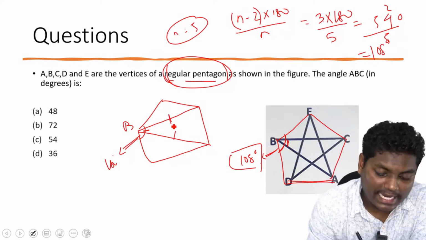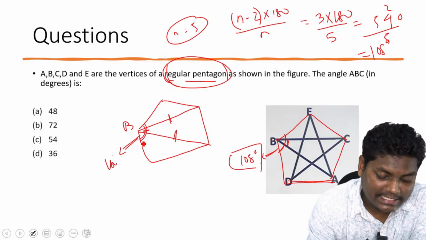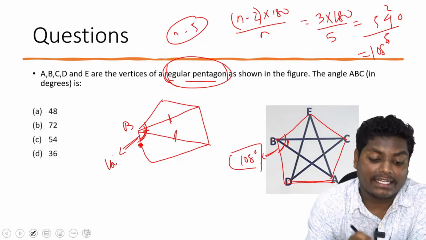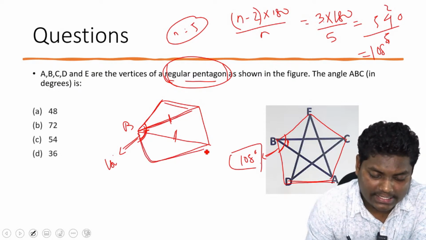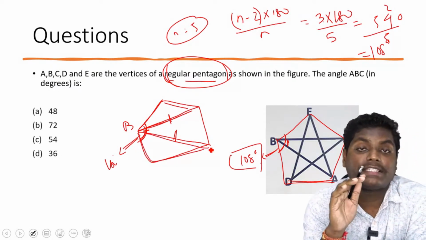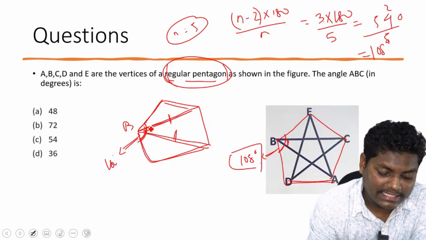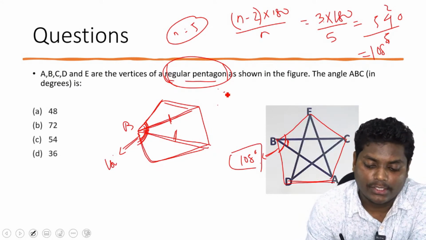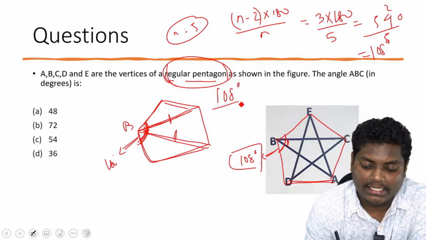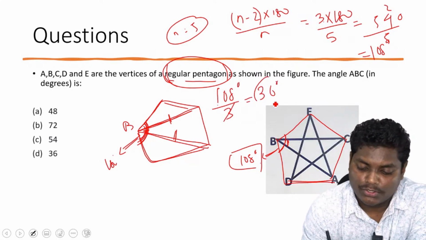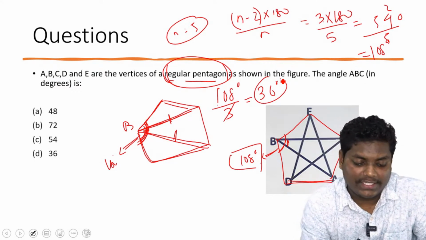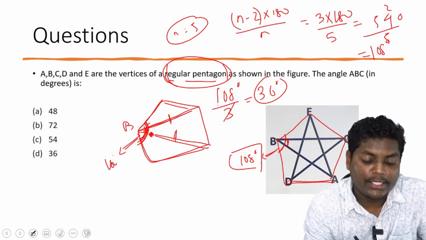If these diagonals are equal, then this triangle and this triangle will be congruent, the same. So this entire angle can be divided by 3. 108 divided by 3 will give us 36 degrees. You can see here 3 angles, 1, 2, 3, and we need to find the middle one.